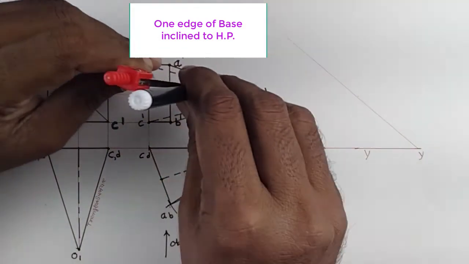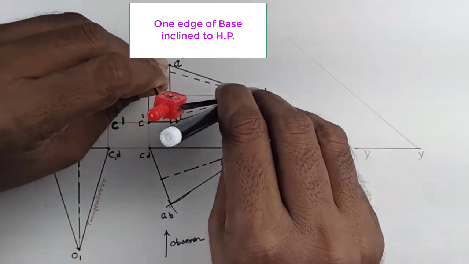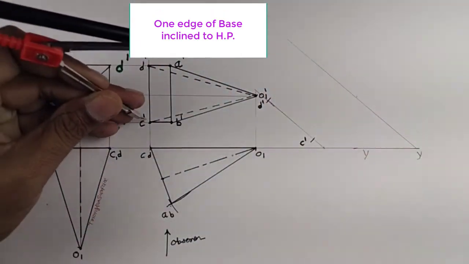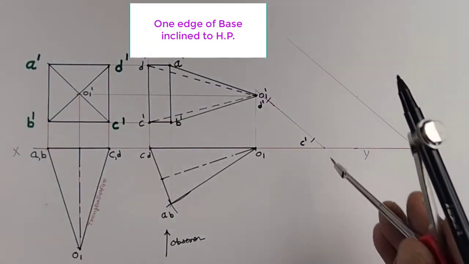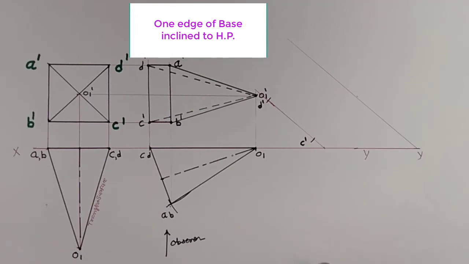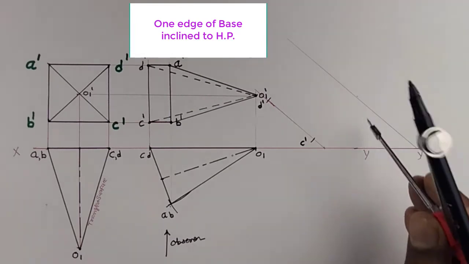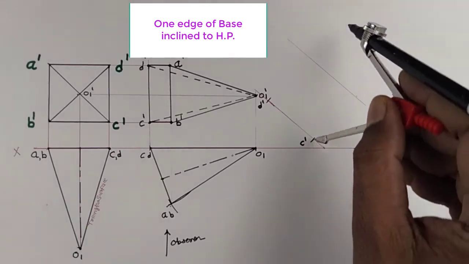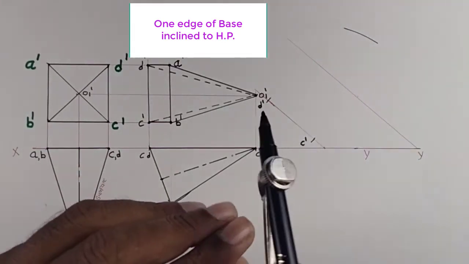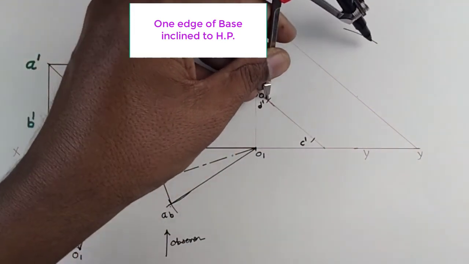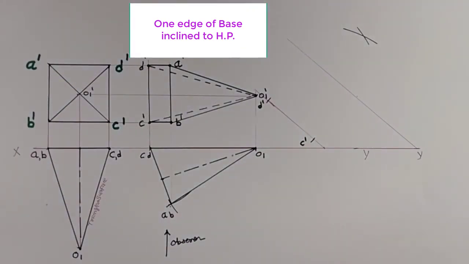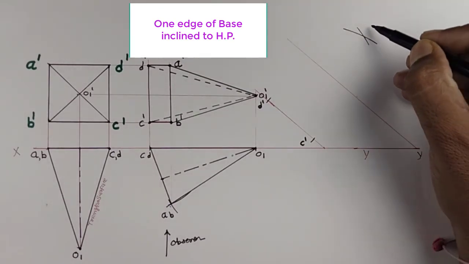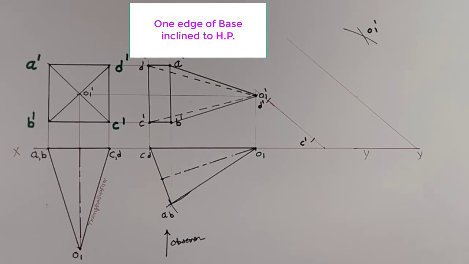So from D dash to O1 dash, it is your radius. Same radius from C dash to O1 dash. But the condition is the apex away from this vertical plane. So I can mark the top. So there is our position of apex O1 dash as per the problem statement.